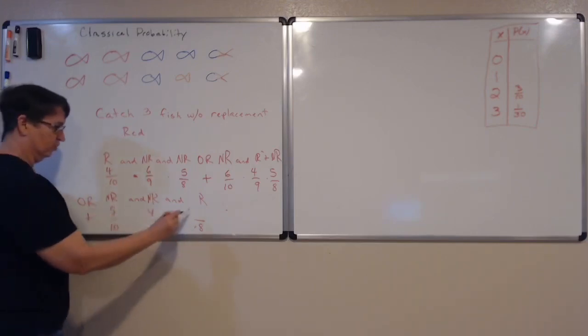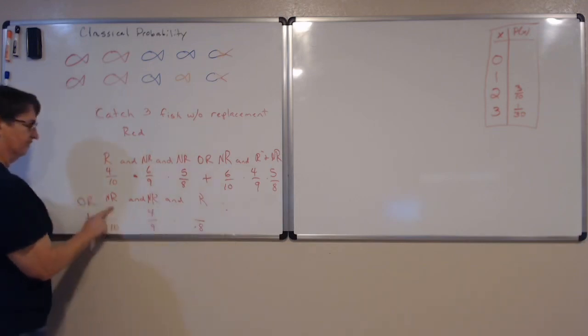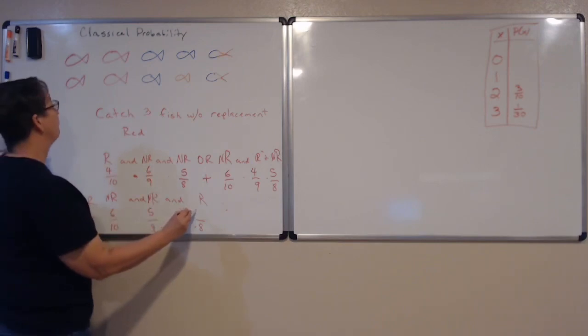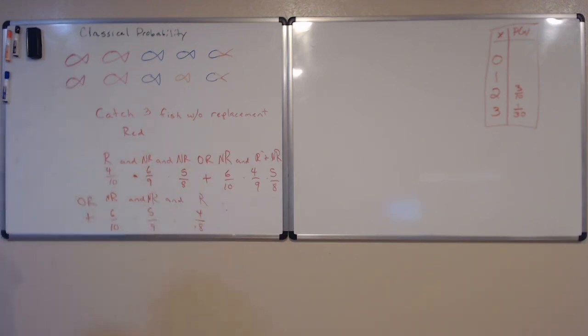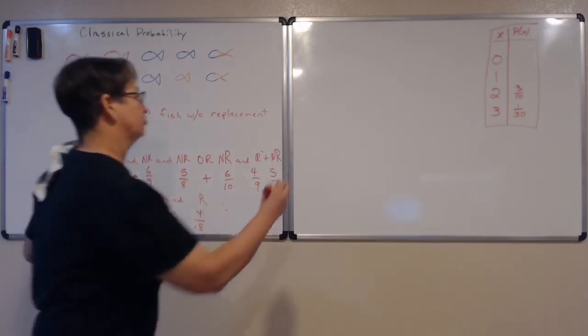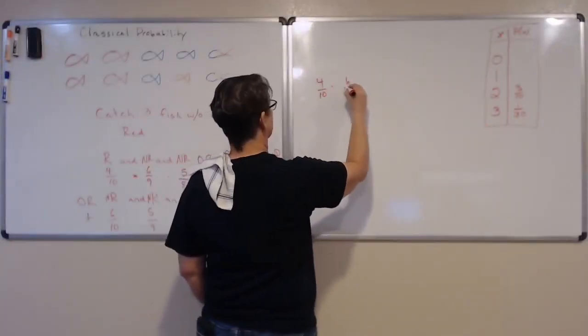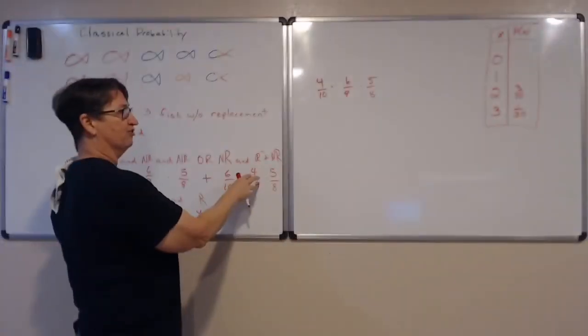5, 4, and, this is 6 and 5. Sorry. 6 and 5, and then there are 4 reds. So let's look at the probability of just one of those. So 4/10 times 6/9 times 5/8. That's just one of these, but they're all the same.